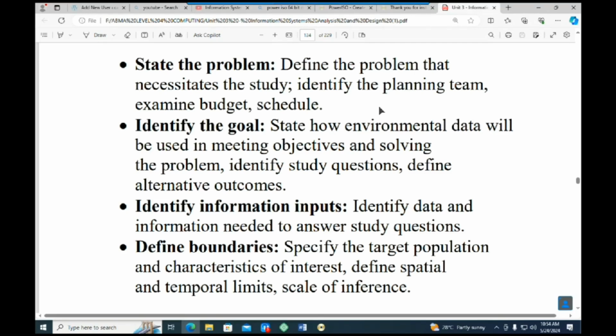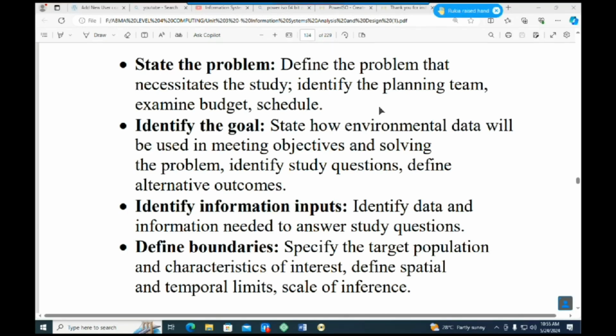You will define the problem that is making that study mandatory. Then, still in stating the problem, the second activity that is going to happen is identifying the team that is responsible for planning. Number 4, you're going to look at the budget. Number 5, you're going to do the schedule.